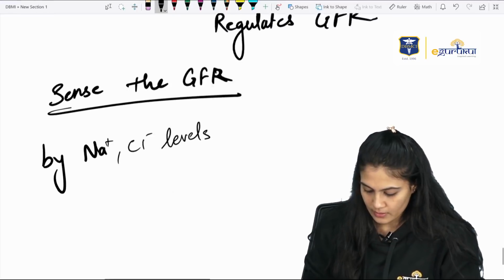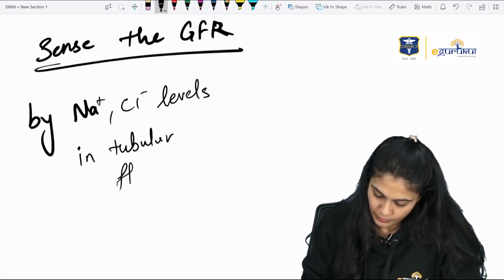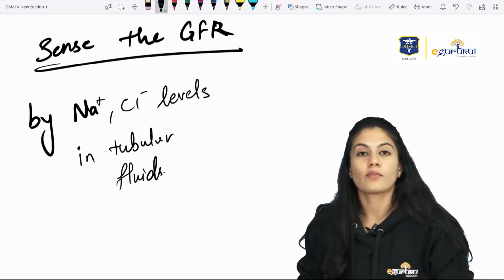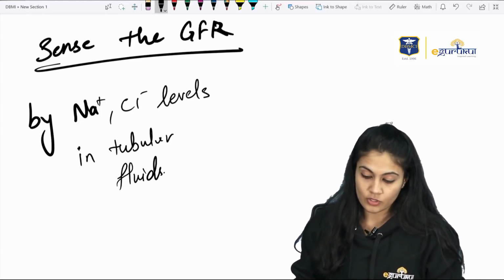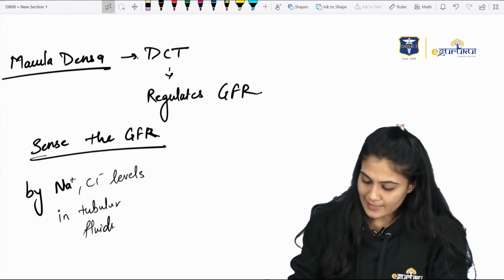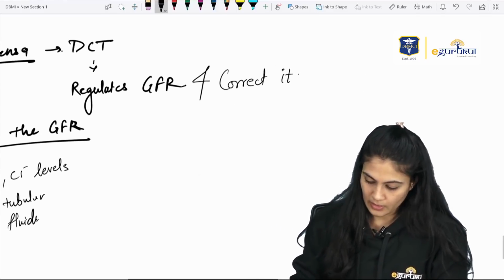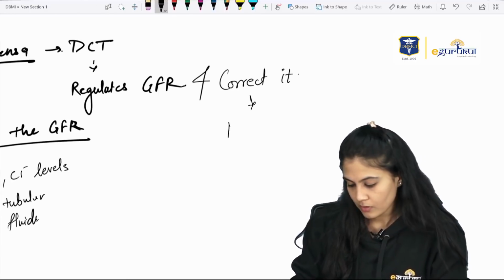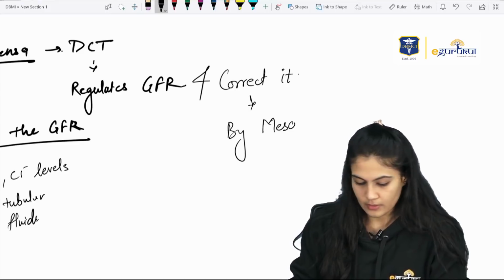They sense the sodium and chloride levels in the tubular fluid. And via the sodium and chloride levels, they sense whether the GFR is normal, less or more, right? They not only sense that, but also correct it. If it is low or much more, they correct it. How? With the help of mesangial cells.